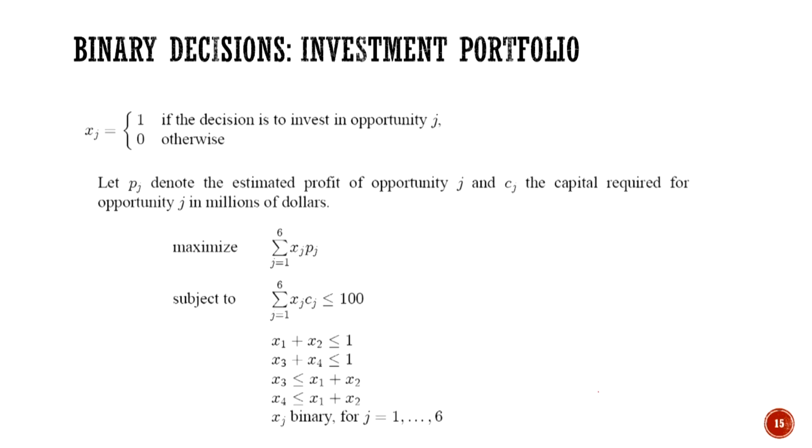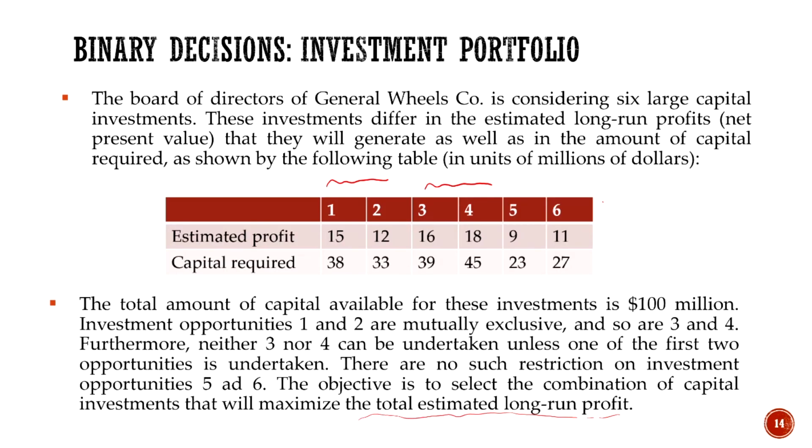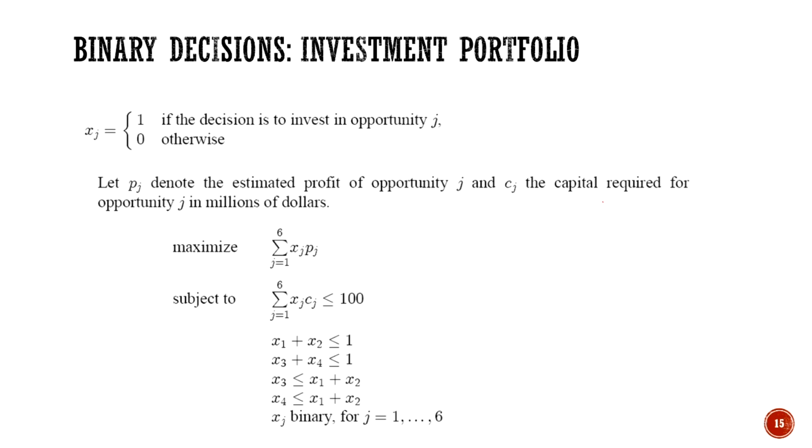So again, decision variables are binary. If the decision is to invest in opportunity j, then its value is 1, it's 0 otherwise. Pj denotes the estimated profit of opportunity j, and Cj is the capital required for opportunity j, and you can find these numbers in this table. Now, let's discuss the constraints.